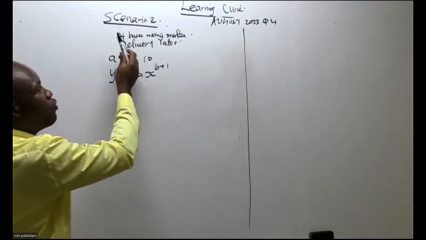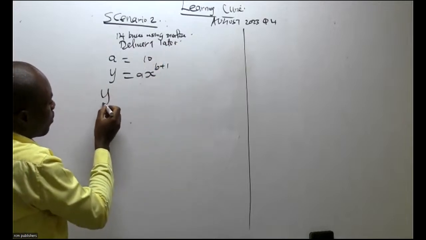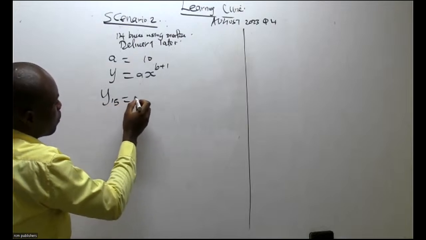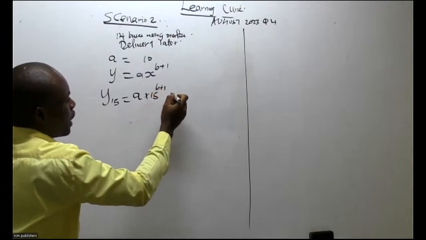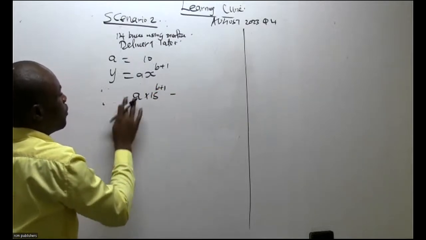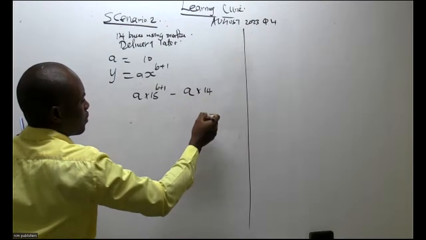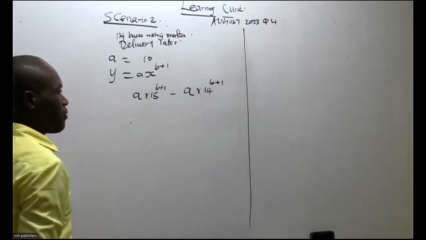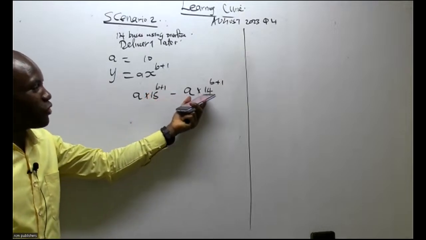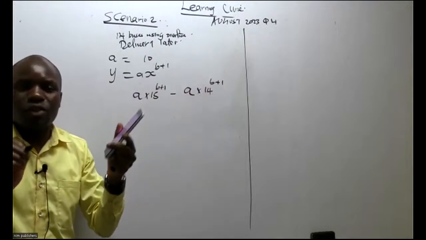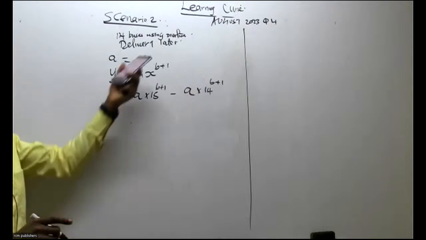For you to get the time taken to deliver this 1 bus, you need to give us Y at 15, which is equal to A times 15^(B plus 1) less A times 14^(B plus 1). If you take the time taken to produce the 15 buses, less the time taken to produce the 14 buses, that difference will enable you to get the time taken to produce the 15th bus, which they are going to deliver later.